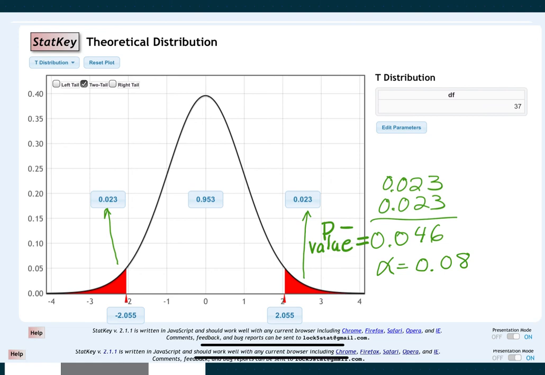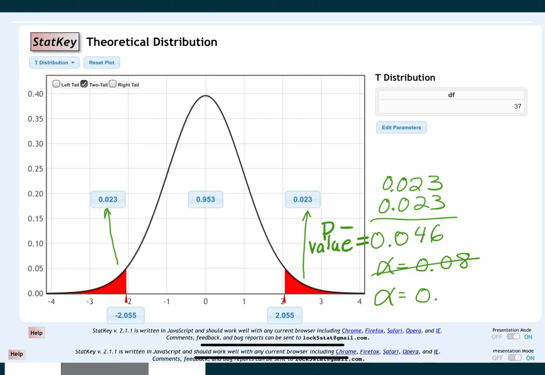On the other hand, if management is really concerned that it's going to cost them money if they shut down these machines again and again and again because the tests come back saying they need to do that, they might say, no, no, no, we don't need to do that often. That's costing us money. Let's make the significance level smaller.